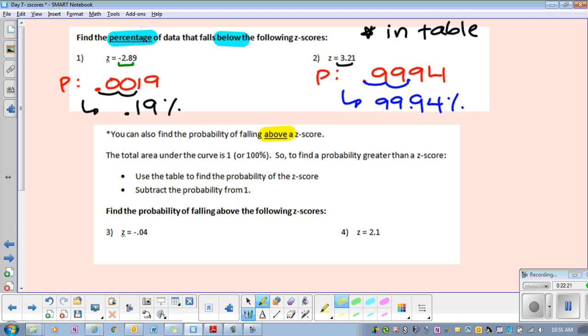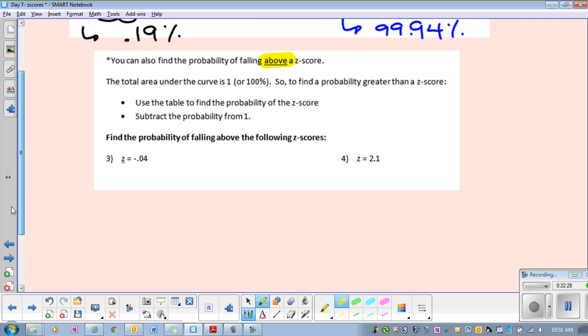Now, you can find the probability of falling above. Okay? So if the total area under the curve is 1 or 100%, and what the table gives you is below, what you basically have to do is 1 minus the probability. You have to subtract it from 1. Okay?